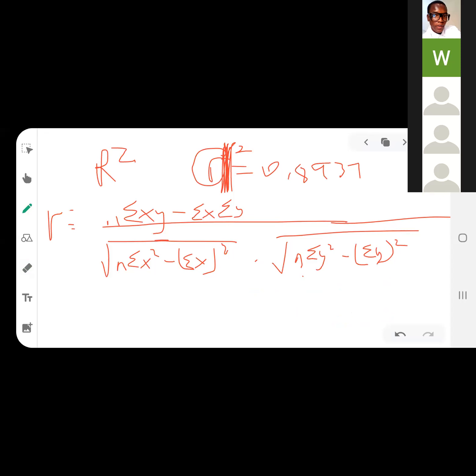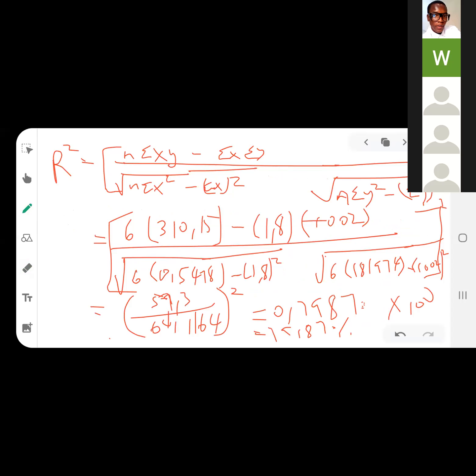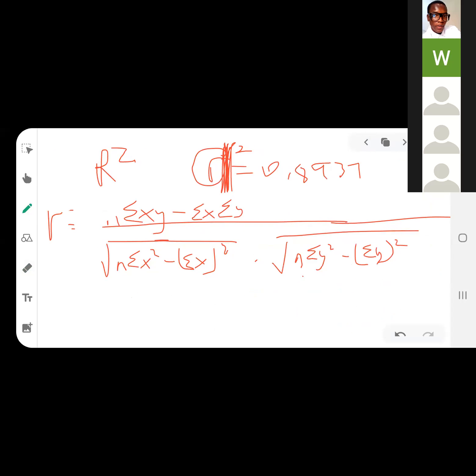Meaning that even here, you will have your R, and then we remove the square. So you calculate those without a square. So at the end, you will get 0.8937. So we know the answer will be 0.8937, right?